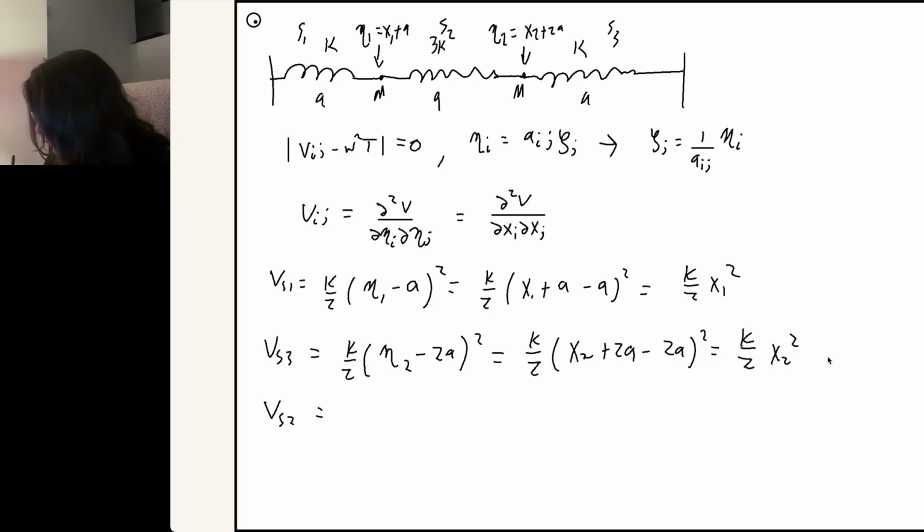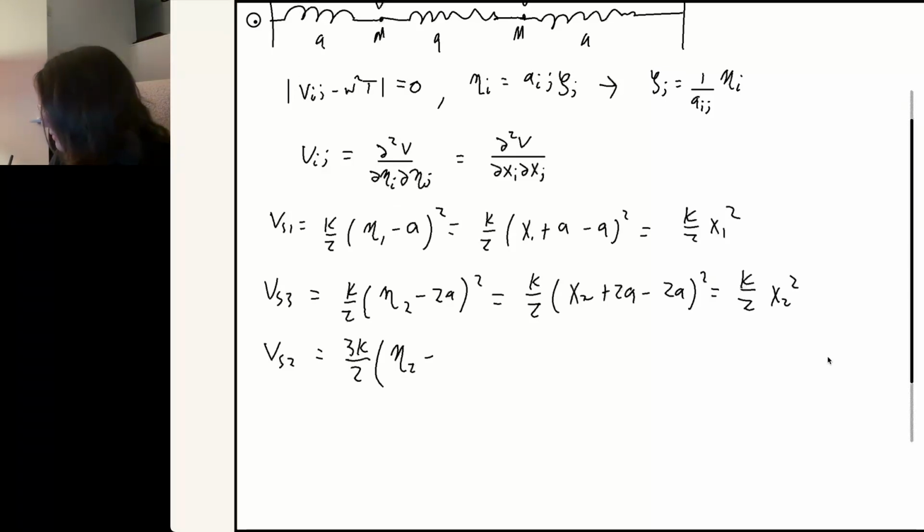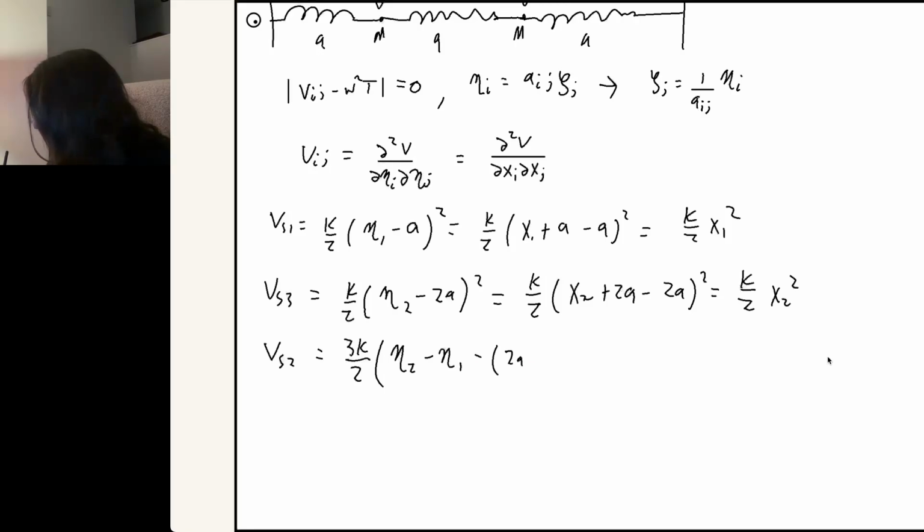The middle one has spring constant 3k over 2. It's going to be the difference between the etas minus the difference between the equilibrium positions. So that's 3k over 2 times (x2 plus 2a minus x1 minus a, minus 2a plus a).